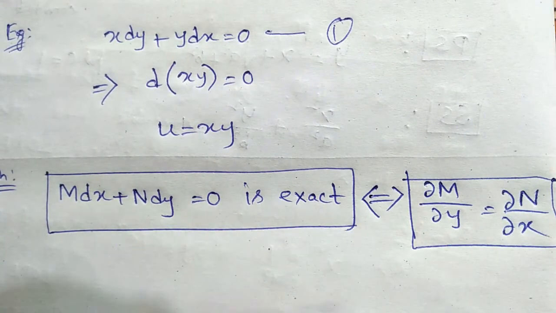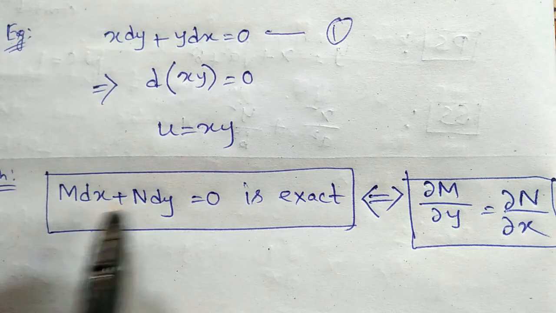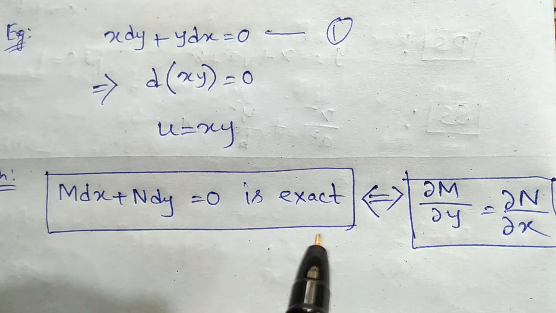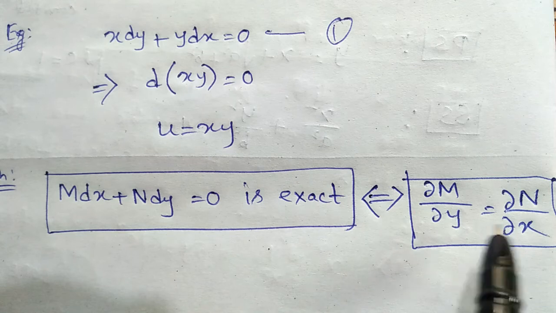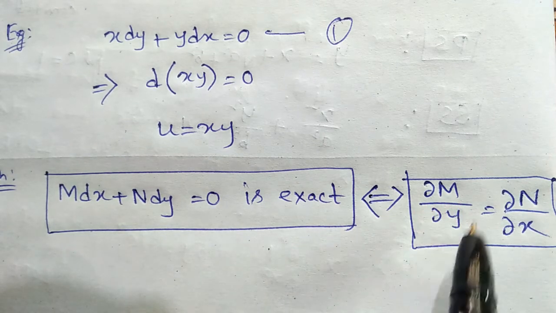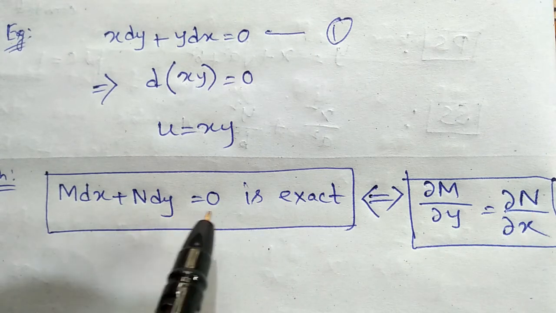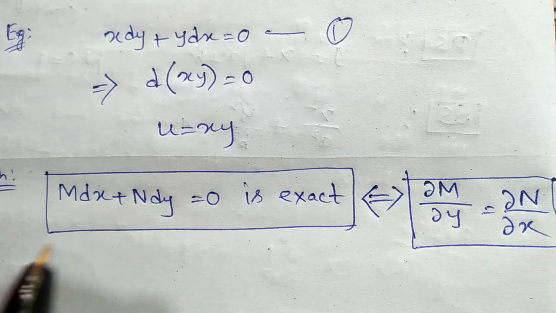So using this theorem, we can check whether the given ODE is exact or not. If the given ODE is exact, then del M/del y equals del N/del x, and it is also sufficient: if del M/del y equals del N/del x, then M dx plus N dy equal to 0, our given first order first degree ODE, is exact.